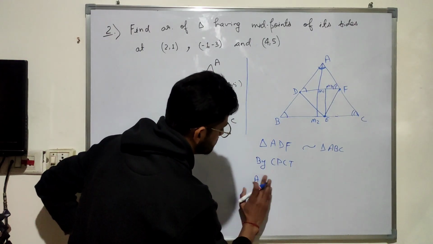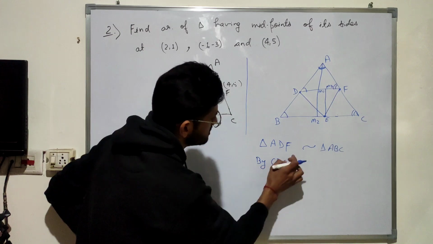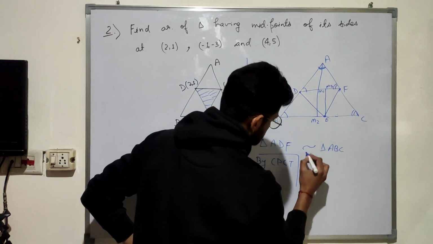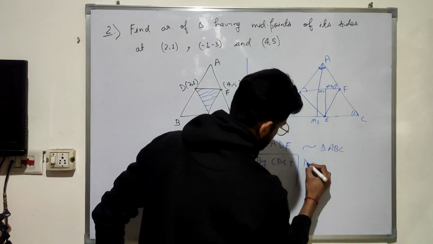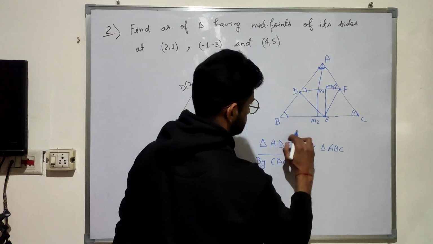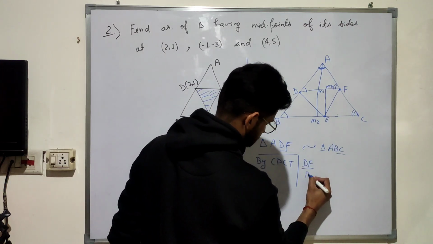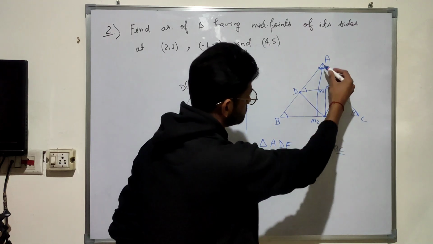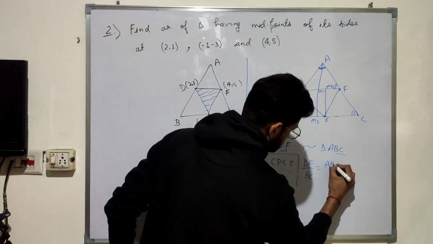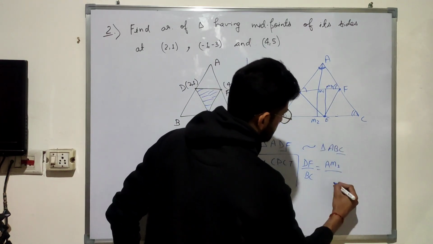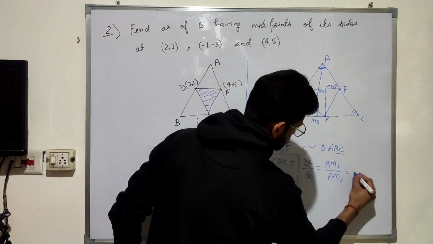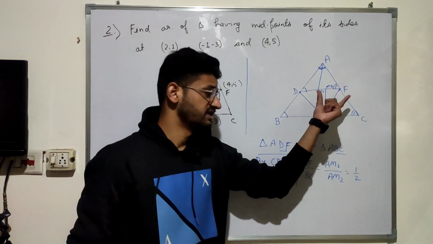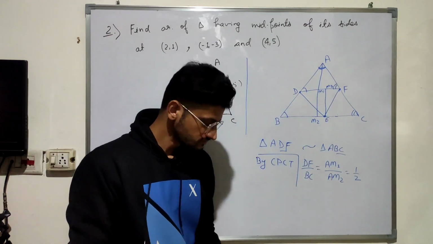So what we can write here is, since these are similar, DF upon BC is equal to AM1 divided by AM2, which is going to be 1 by 2, because we know DF is half of side BC.